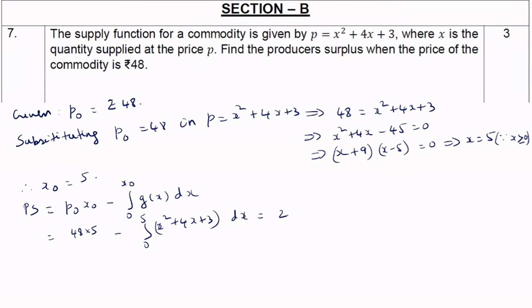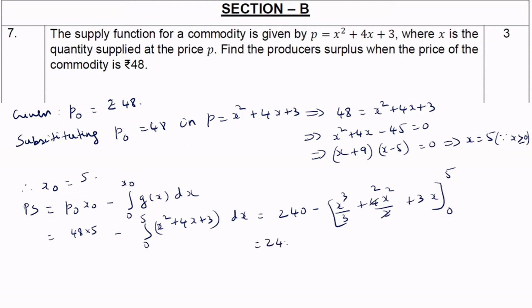So this is equal to 240 minus, if we integrate we get x cube by 3 plus 4x square by 2 plus 3x, from 0 to 5.